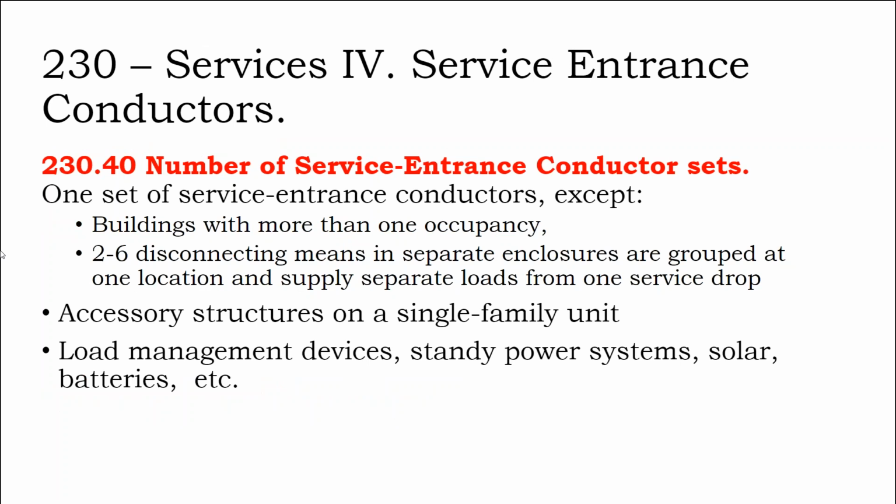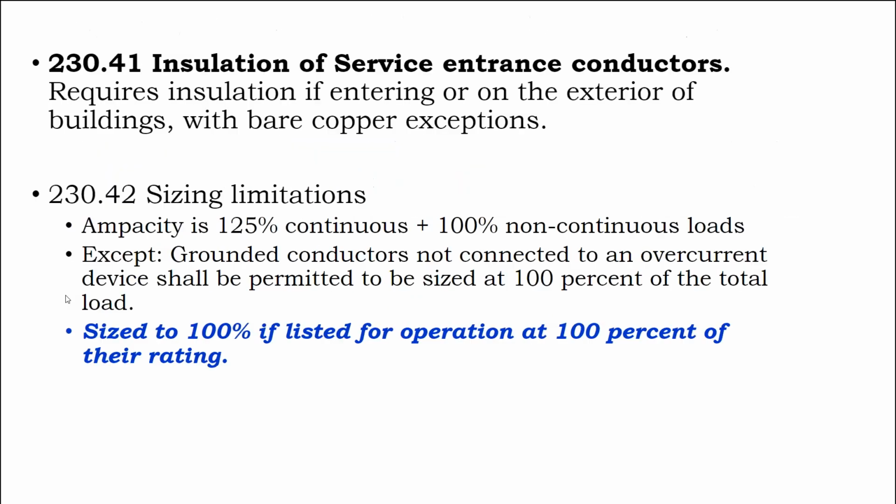And then it says how many service entrance conductor sets, and generally you're supplying your buildings with non-parallel service entrance conductors, with exceptions given to large, like multifamily housing. Let's see.